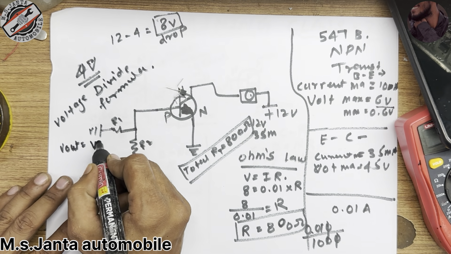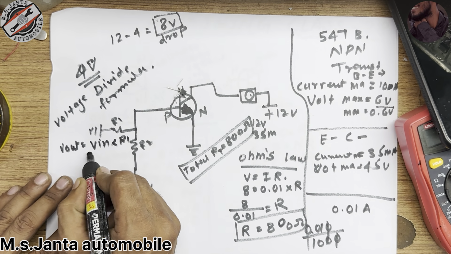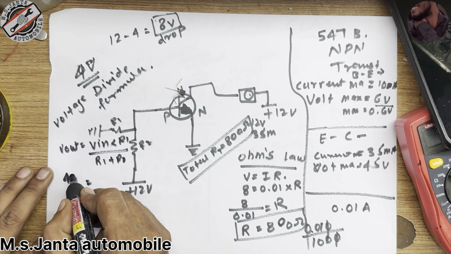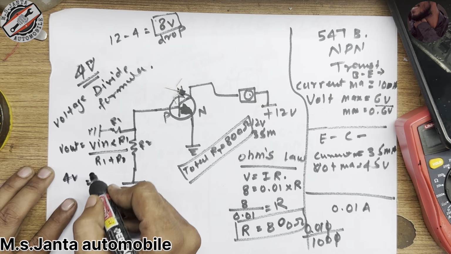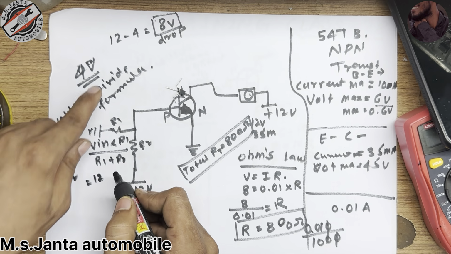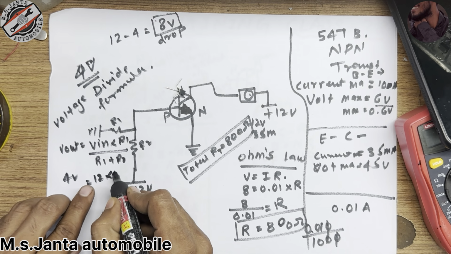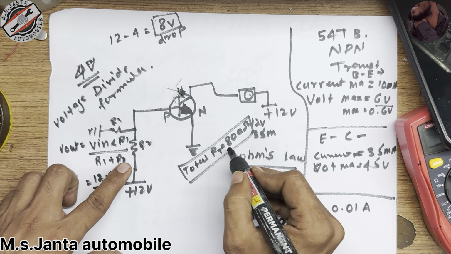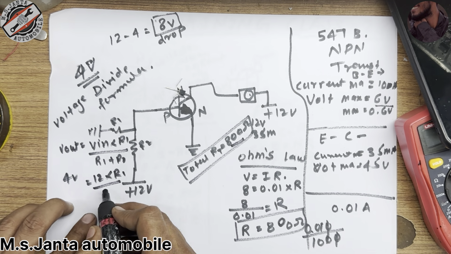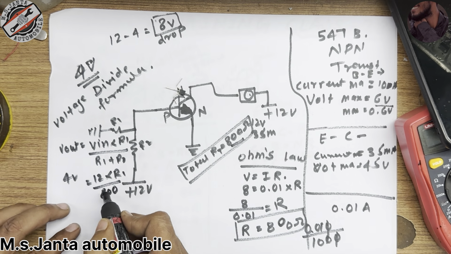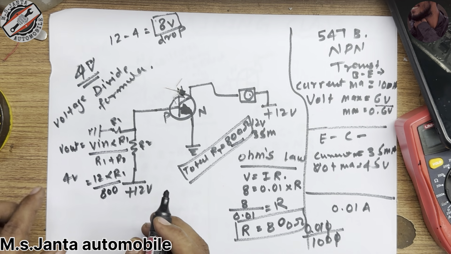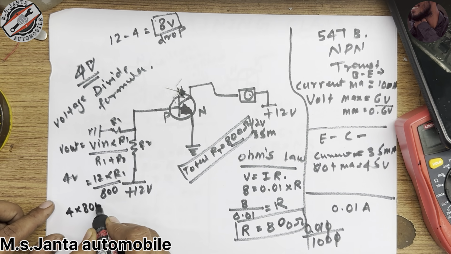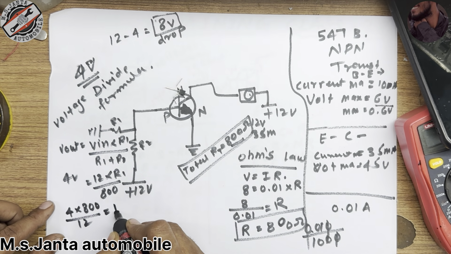V out is equal to V in into R1 upon R1 plus R2. So we have 4 volt output, and 12 voltage V in, and we don't know R1, but R1 plus R2 we have found as 800 ohms. So we put 800 here, and when we calculate it, it will be 4 into 800 upon 12 is equal to R1.